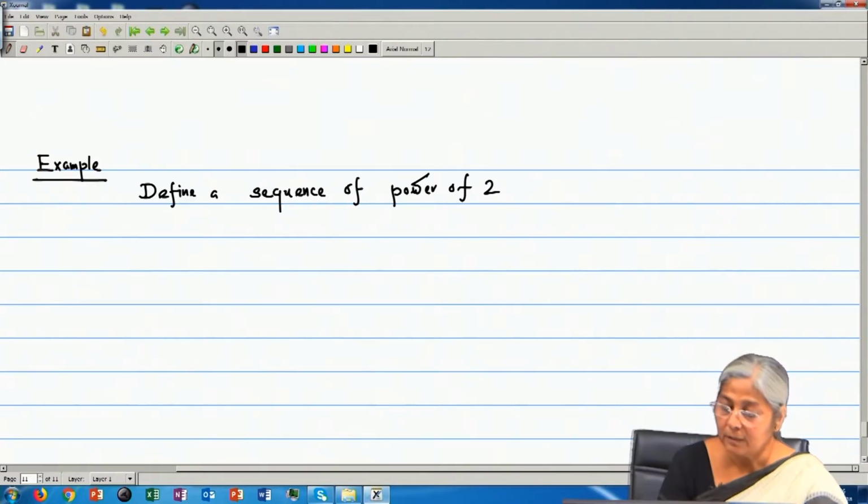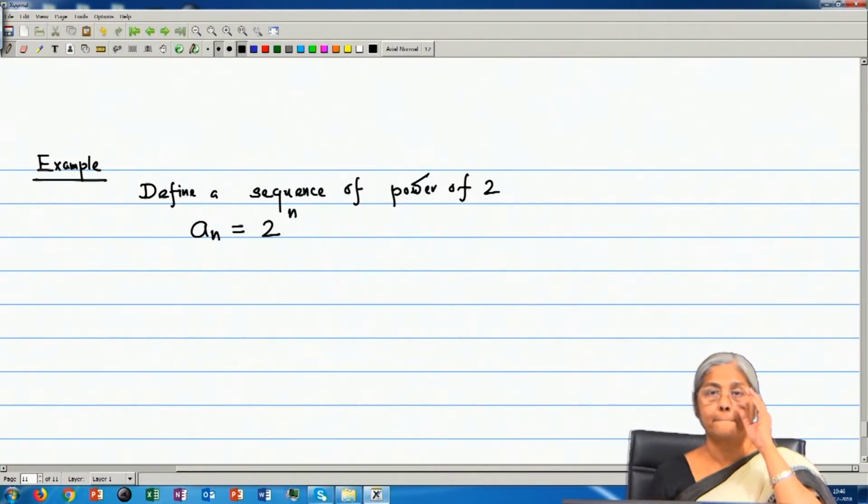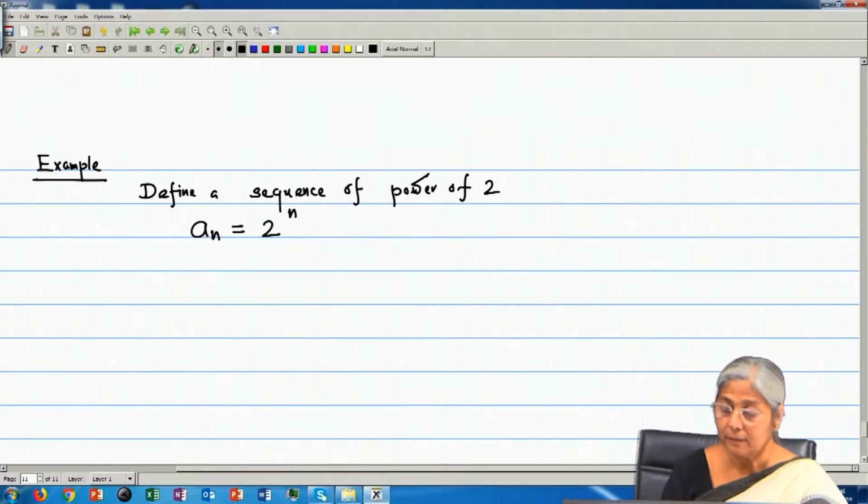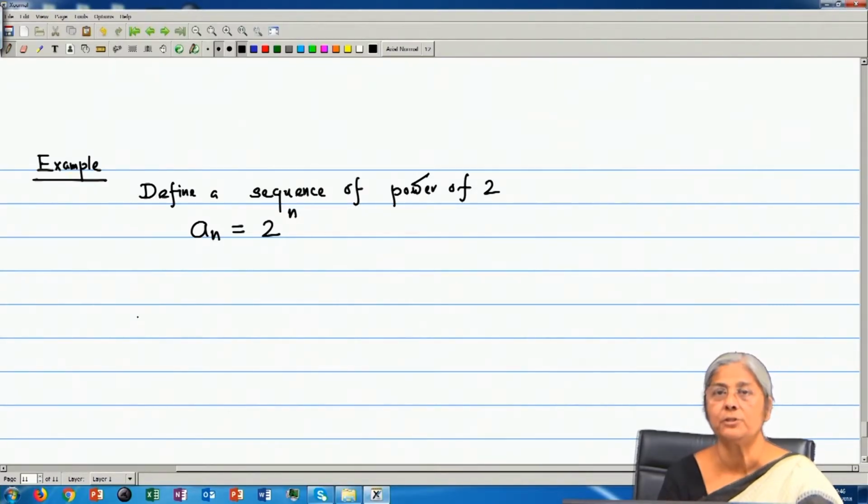I give a sequence a_n equal to 2 to the power n. Since it is a power of 2, I can define the same sequence in a different way, but I need some initial value.